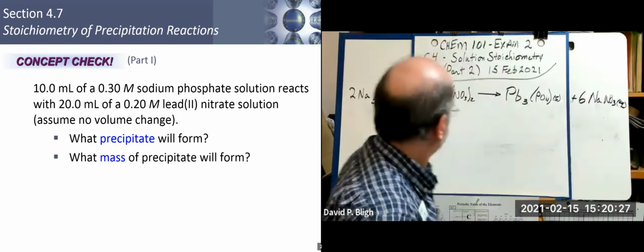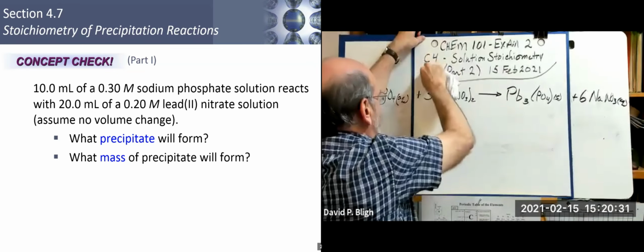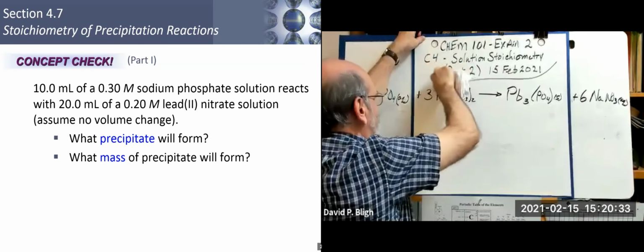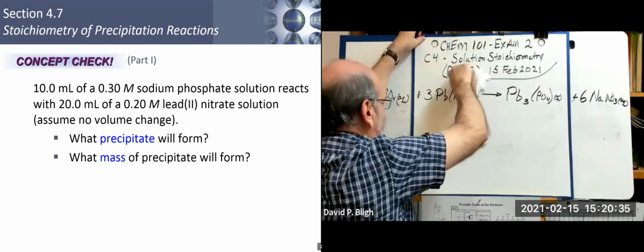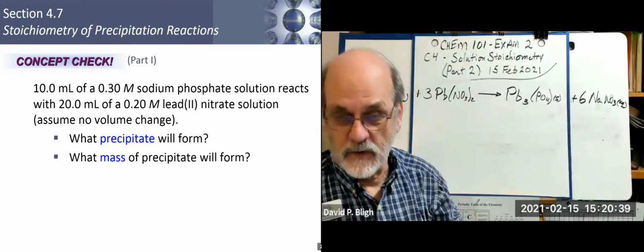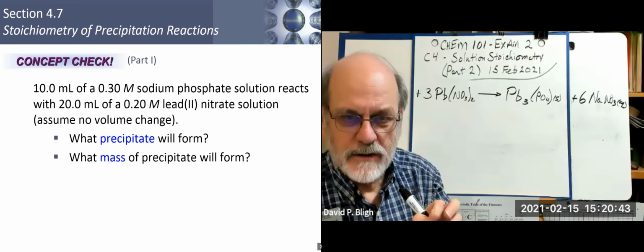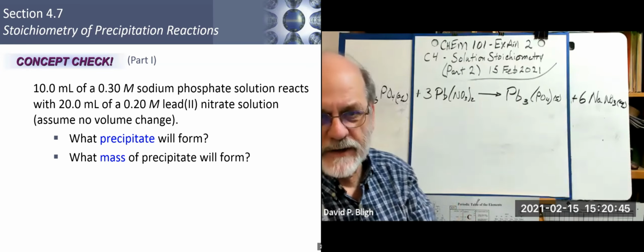All right, now what are we given? We've got the balanced equation. We're starting off with 10 milliliters of 0.3 molar sodium phosphate.